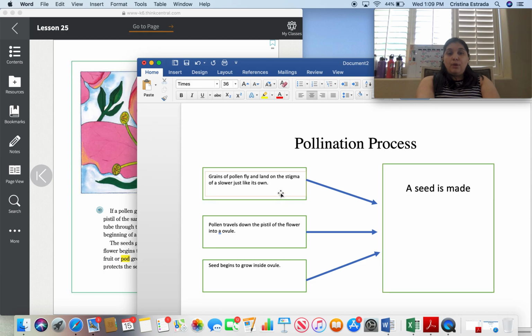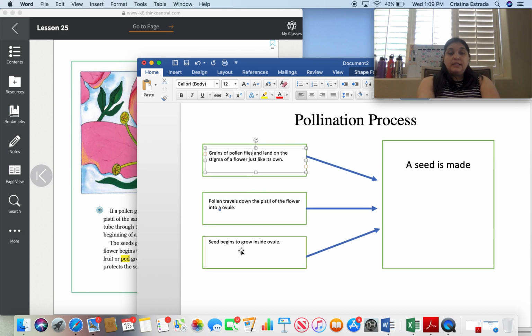So a grain of pollen flies and lands on the stigma of a flower, just like its own. Pollen travels down the pistil of the flower into an ovule, and the seed begins to grow inside the ovule. And that's how a seed is made.